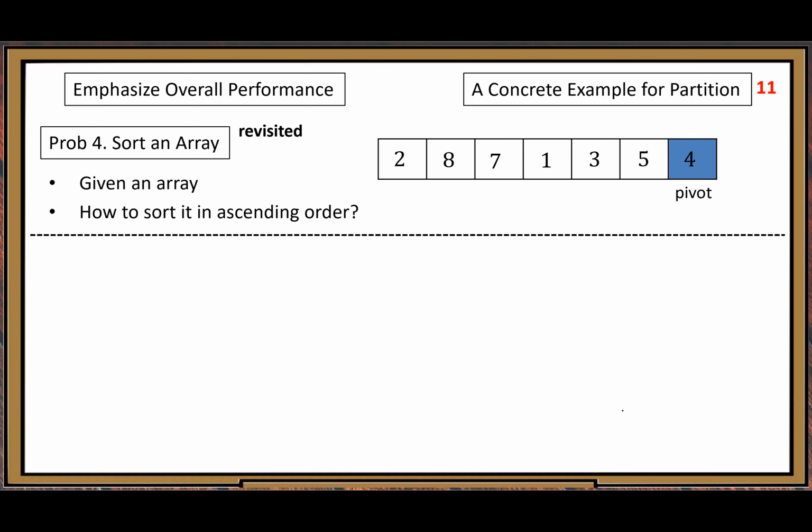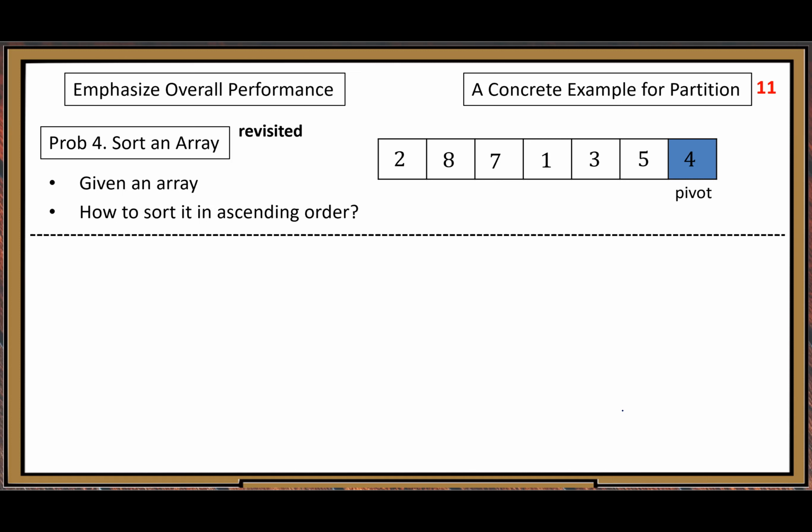Here, if you look at the values, the 4 is pretty much in the middle, right? That's a good thing. Some of you may argue, how about if you happen to have 1 at the end, or you happen to have 8 at the end?